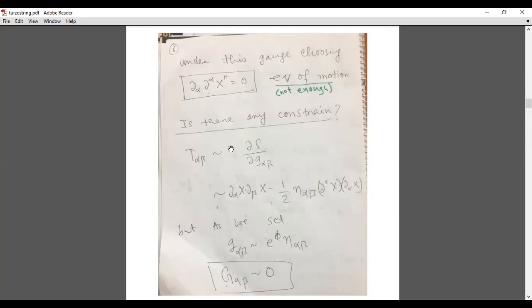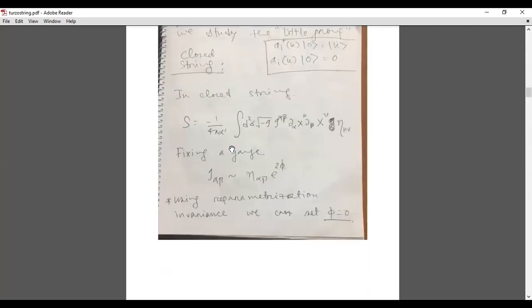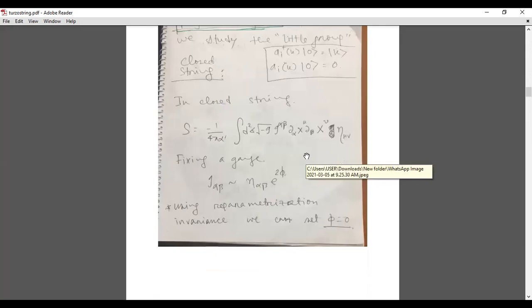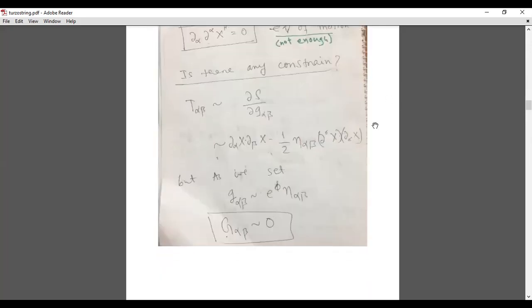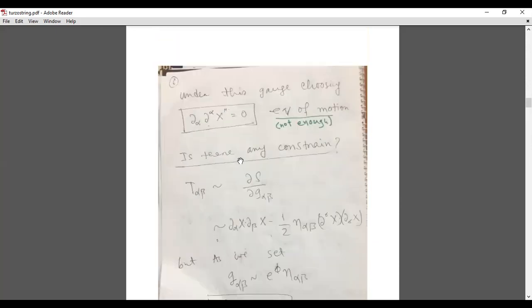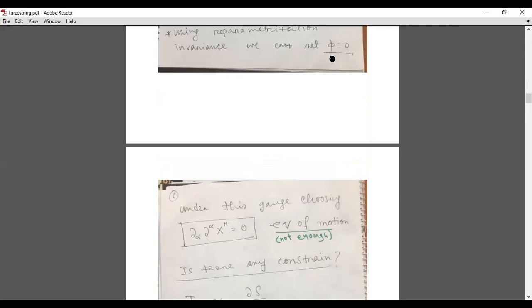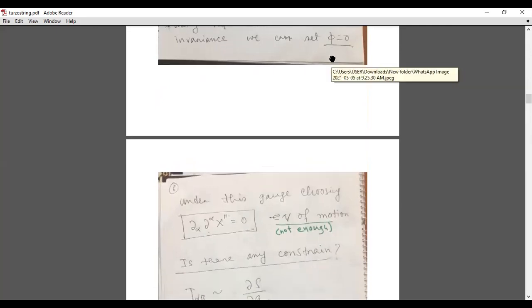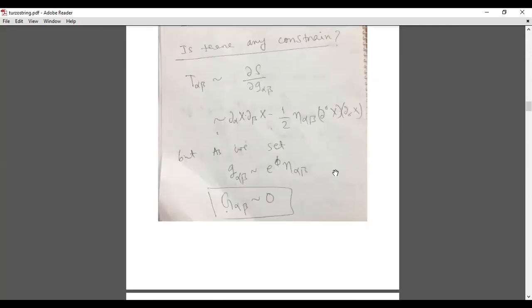So using the action here, I take the variation and I get the energy momentum tensor, right? Now, remember that we used phi goes to 0, so we are also using that here.